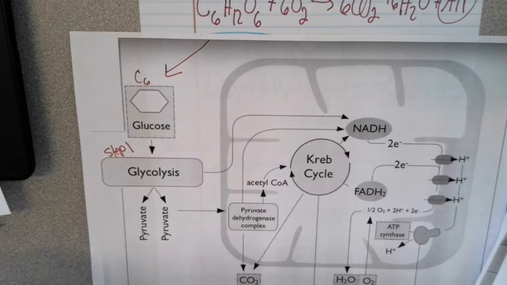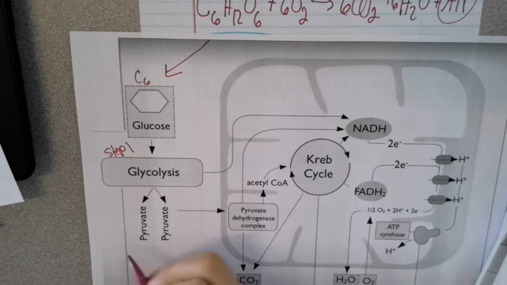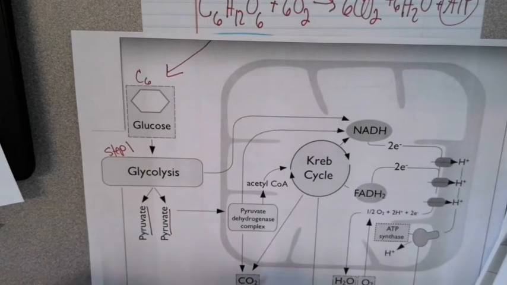Our first step of cellular respiration is going to be called glycolysis. And glycolysis will take those 6 carbons and separate it out into pyruvates, particularly 2.